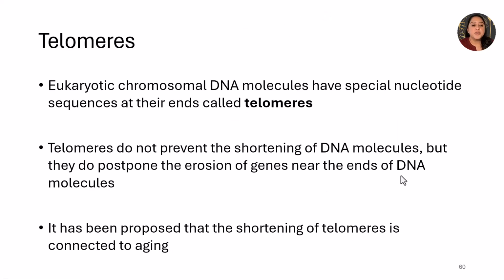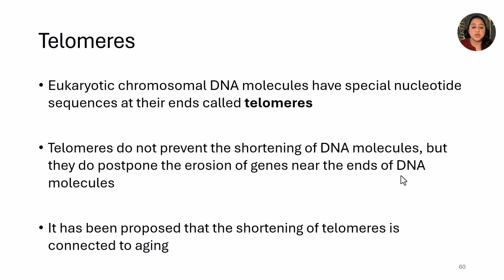So eukaryotic chromosomal DNA molecules have special nucleotide sequences at the ends called telomeres. So telomeres evolved to help prevent this shortening. It doesn't necessarily prevent it, but it prolongs the effects.